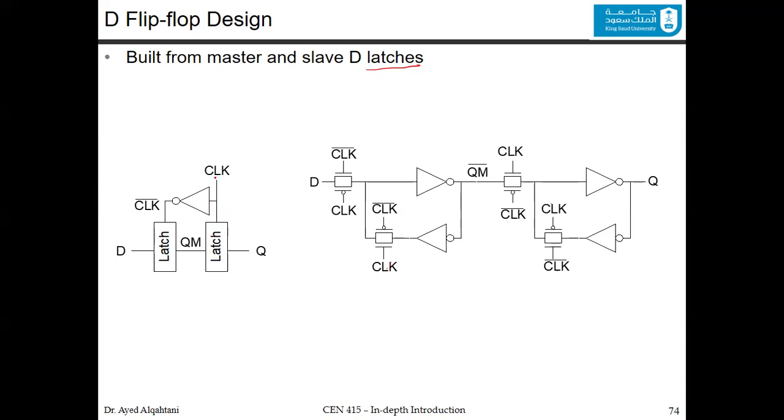Now you see the clock and you see its connection to the second latch. If the clock is going to the second latch with this normal polarity, there is no bar, then it is positive edge trigger, no bar.